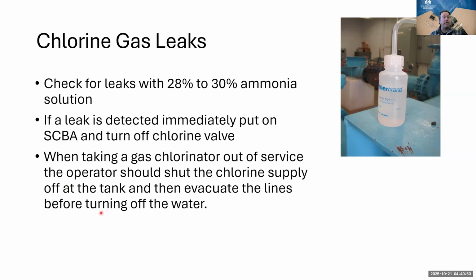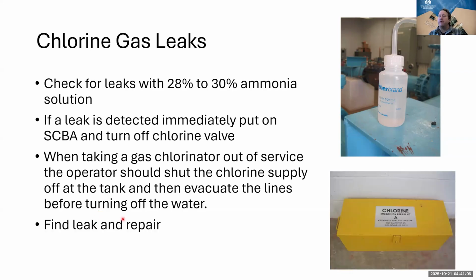If you turn off the water first and then evacuate the lines, you're just going to release chlorine gas into the air. So you want to make sure all that excess chlorine gas goes into the water before you turn off the water. And then you want to find the leak and repair it. You can see this system here has an emergency repair kit for their system.